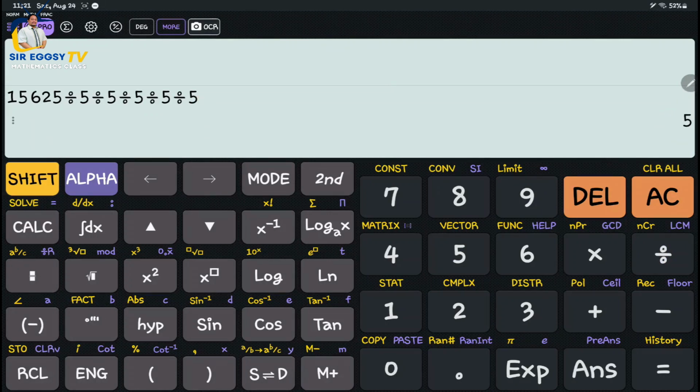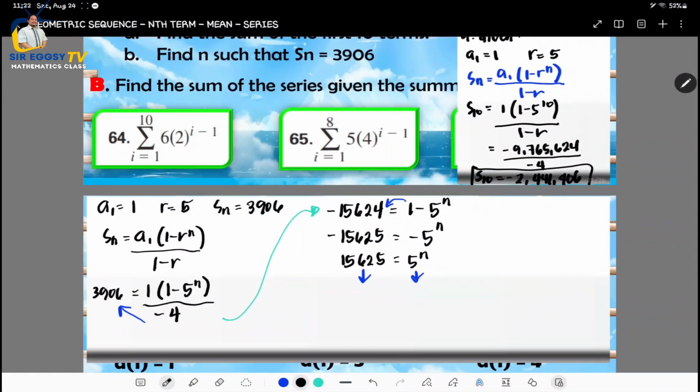Now as you can see here, 5 has come out, and how many 5s are there in all? We have 1, 2, 3, 4, 5, and then you have 6. So therefore, this is equal to 5 raised to 6, which is equal to 5 raised to n. And there you go. So in this case, the value of n is now equal to 6. So let's check if it is correct.